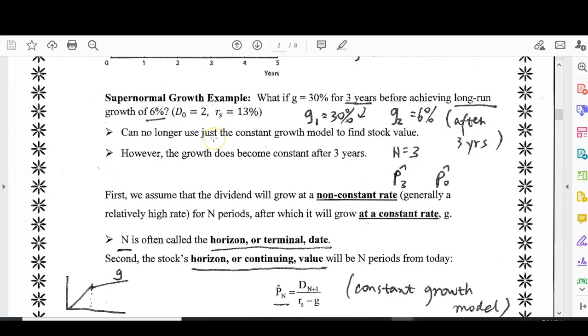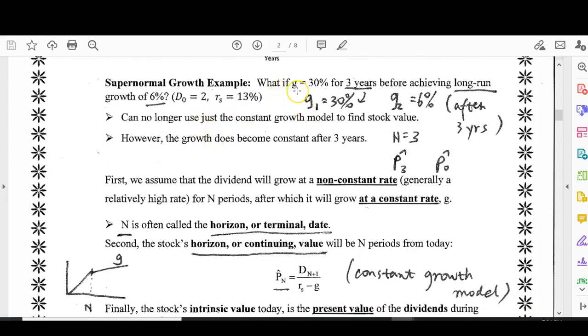Okay, well, let's look at an example here. What if we have a G equal to 30% for 3 years before achieving long-run growth of 6%? So here is a typical example where we have a two-stage model. First stage, G1 equals 30% for 3 years.